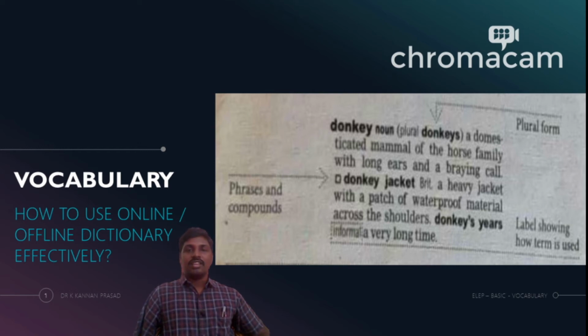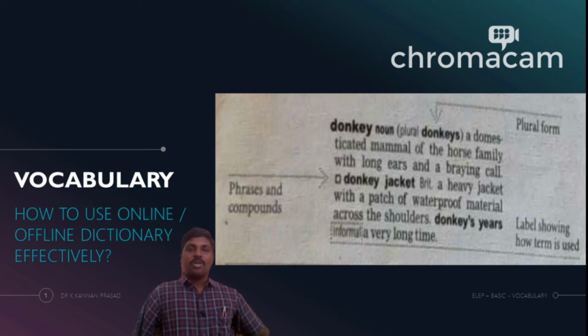The meaning of the word donkey is a domesticated animal of the horse family with long ears and a braying call. Now there are one or two words in this sentence itself for which you might need a dictionary. Please don't feel bad. You could go ahead and look that up in a dictionary which you have.